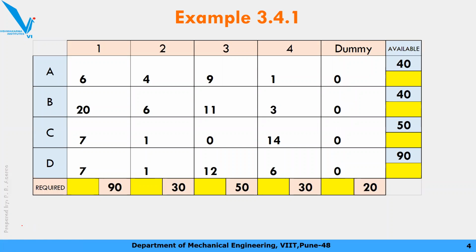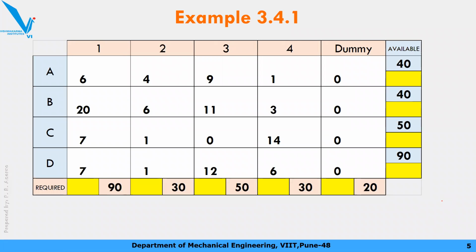Now we will solve this numerical using Vogel's approximation method. So let's get the initial basic feasible solution by Vogel's approximation method. Now, the students who did not understand Vogel's approximation, I'll repeat this procedure.